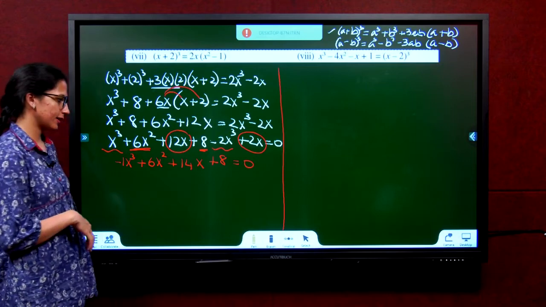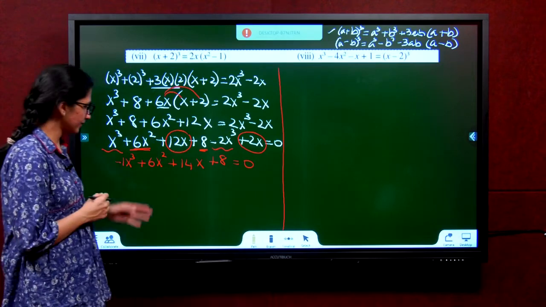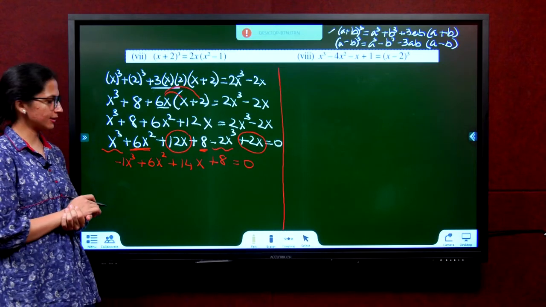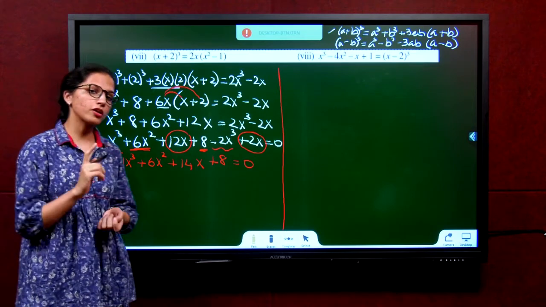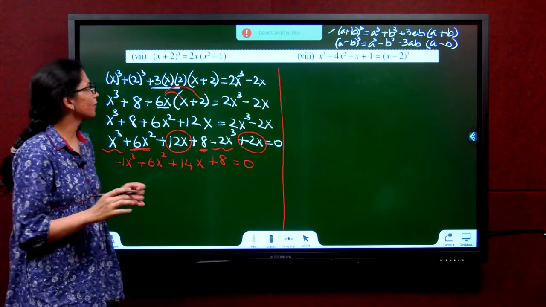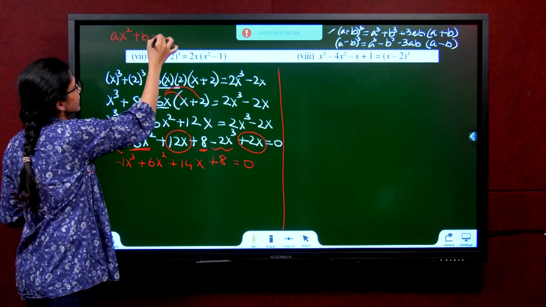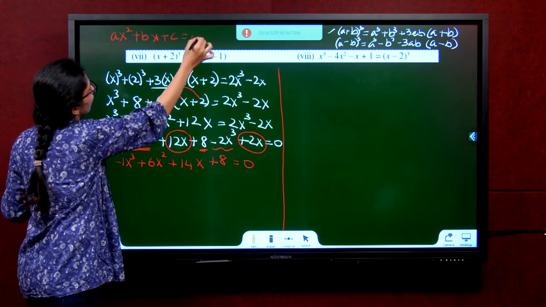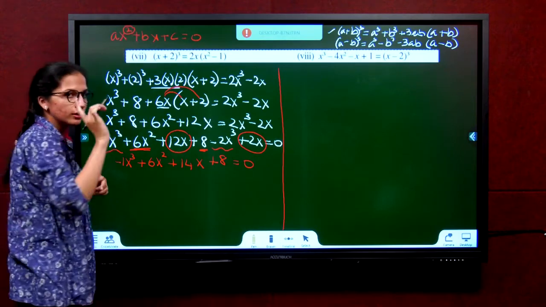Is this a quadratic equation? I told you check for the term x square. There is x square. It looks like quadratic. Is it quadratic? No. Why? Because what did we learn? For anything to be of the form quadratic, it has to be ax square plus bx plus c equals 0, which means highest power of x has to be 2 only.